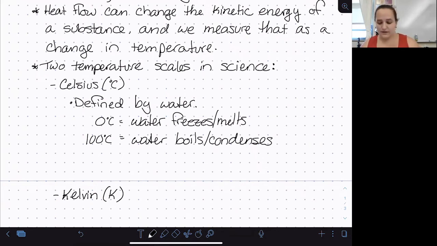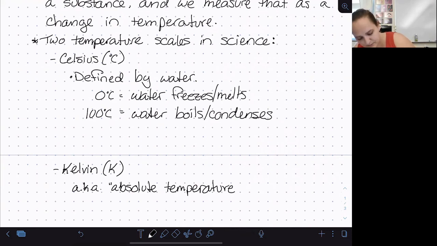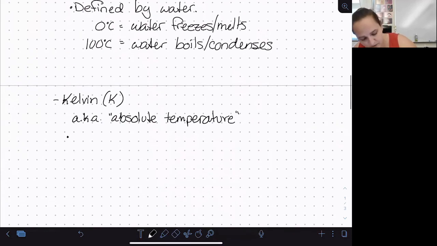So in the Kelvin scale, which is also sometimes referred to as absolute temperature, this is the only temperature scale where the measurement of the temperature is directly related to molecular motion, is actually directly related to kinetic energy at the molecular level, which is why this is going to be really important for us when we're talking about thermodynamics.